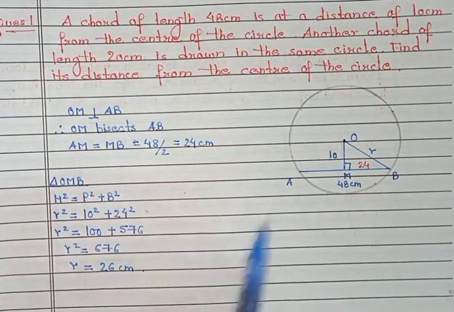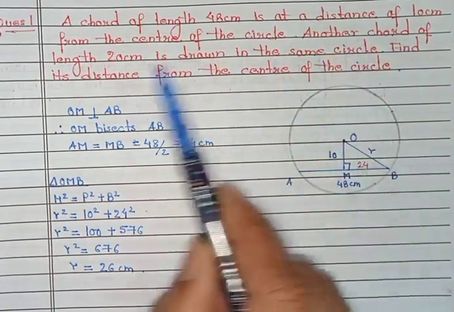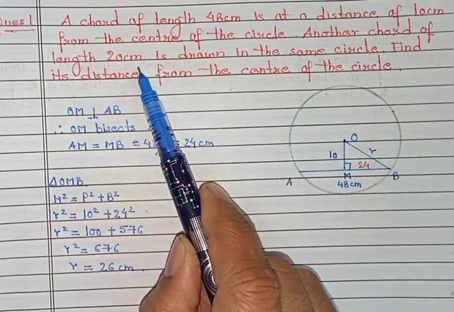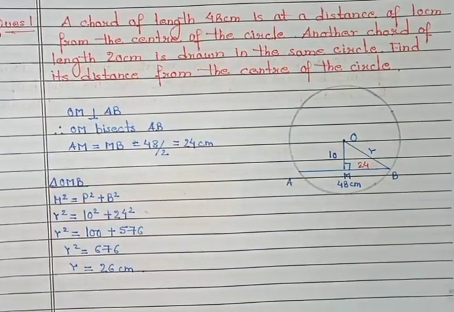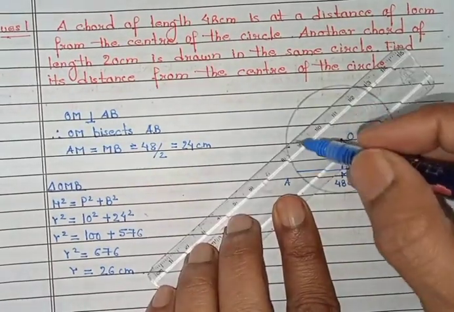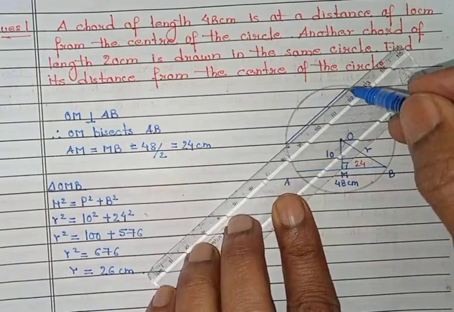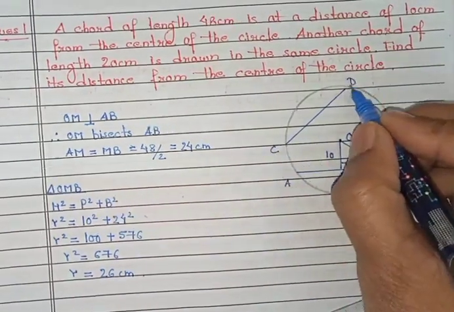Now the second part says another chord of length 20 centimeter is drawn in the same circle. So let us draw another chord in the same circle and we will name this chord as CD.